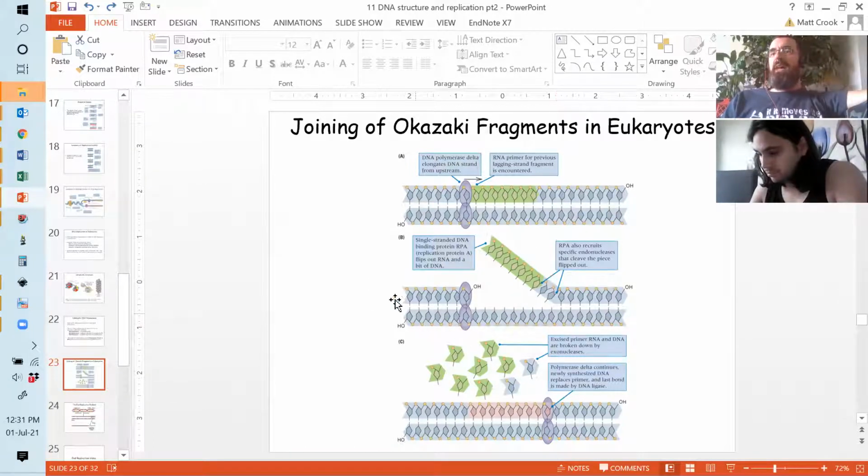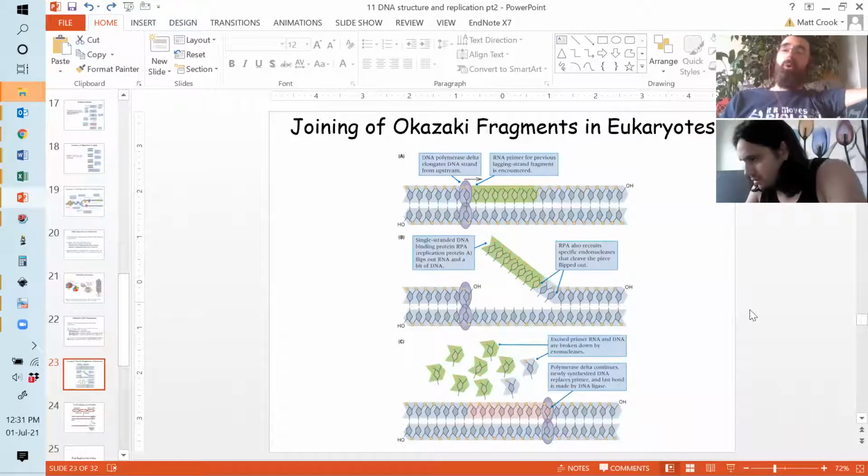What happens now is we have replication protein A, which basically binds single-stranded DNA, right? So this primer is kind of kicked out. These hydrogen bonds are broken.